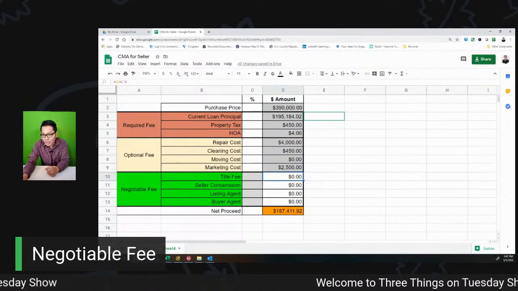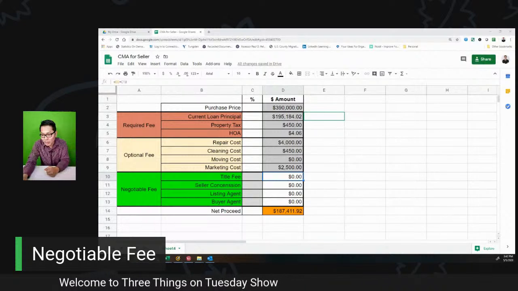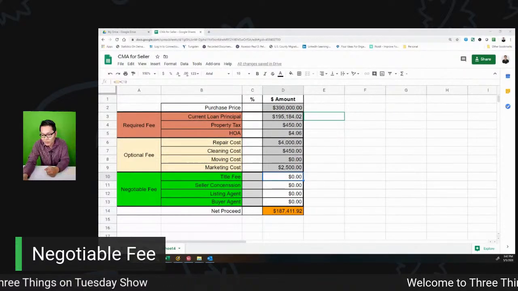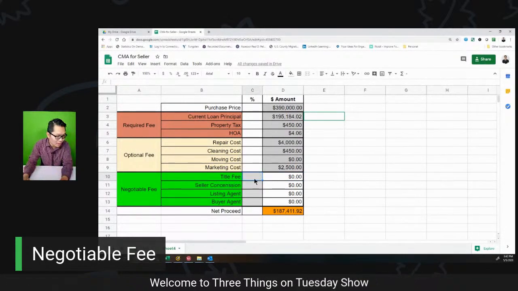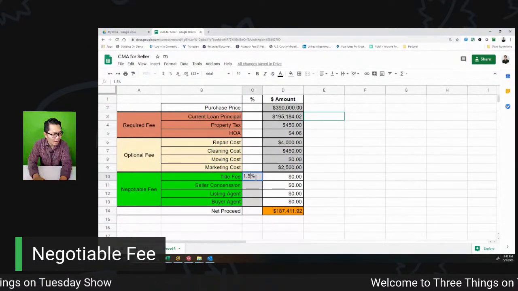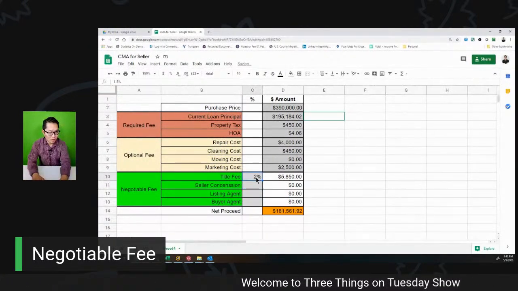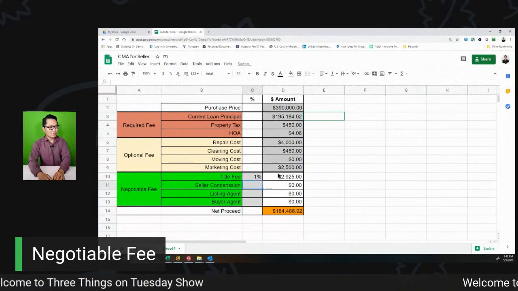Title fee. I'm looking at all the costs associated with this transaction. It's about $2,100. Then the percentage, 1.5%.